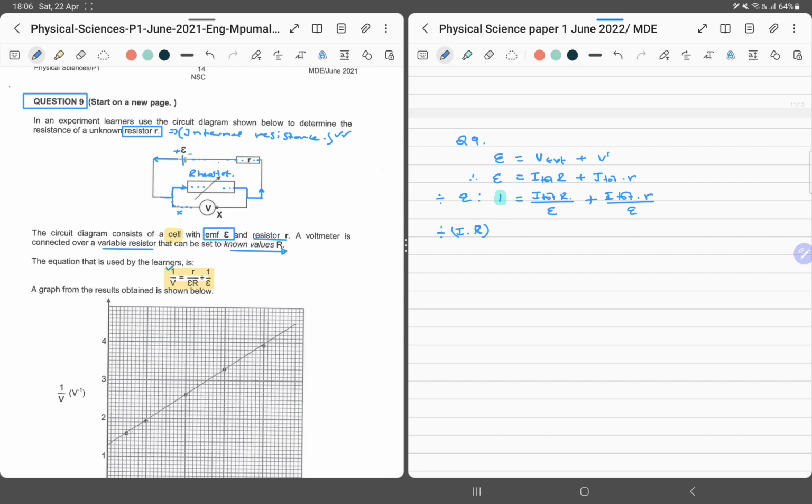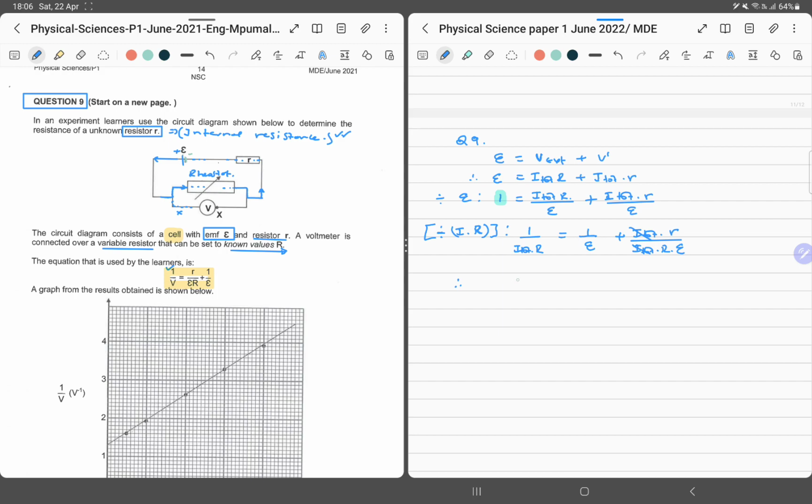Then we've got 1 over I tot multiplied by R of the rheostat equals 1 over E, plus I tot times r divided by I tot times R times E, and then these cancel.